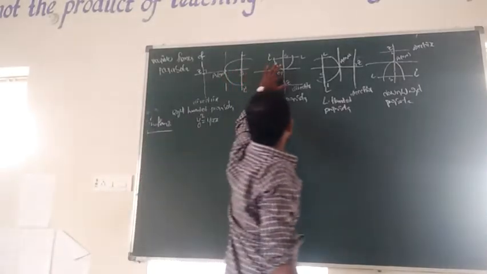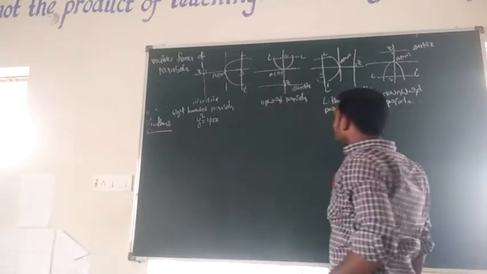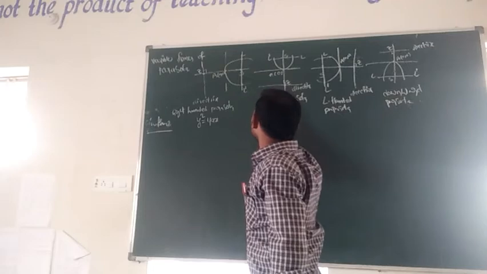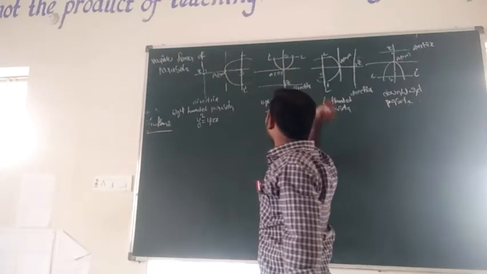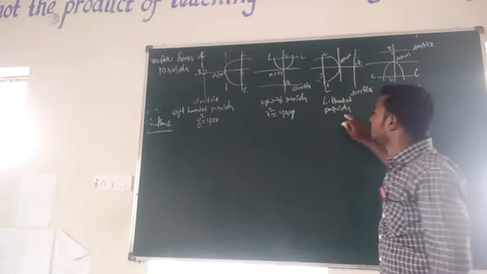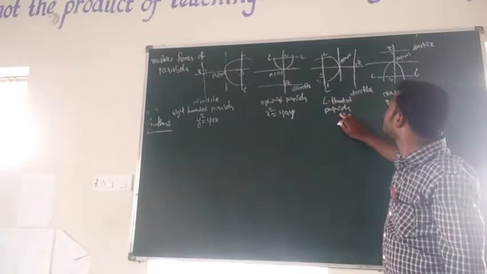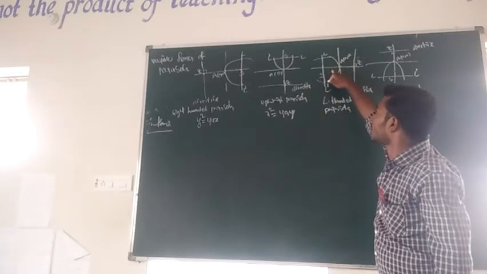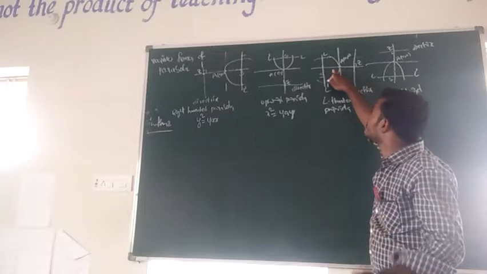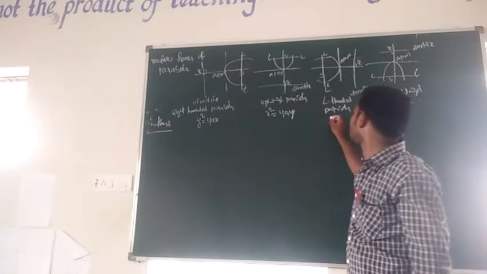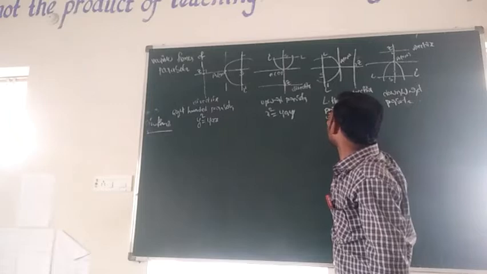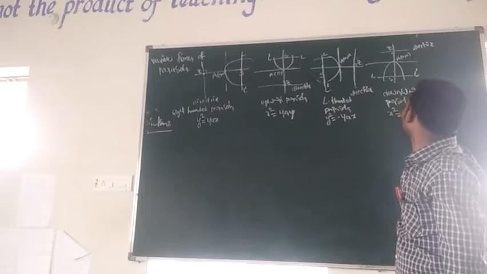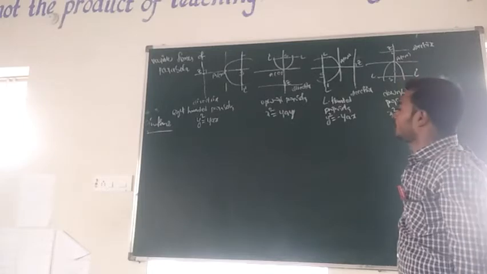Now here also the vertex and the focus lie on the y-axis, so we take x square equal to 4ay. Here the parabola turns to the negative side of the x-axis, so we get y square equal to minus 4ax, and this one is x square equal to minus 4ay.